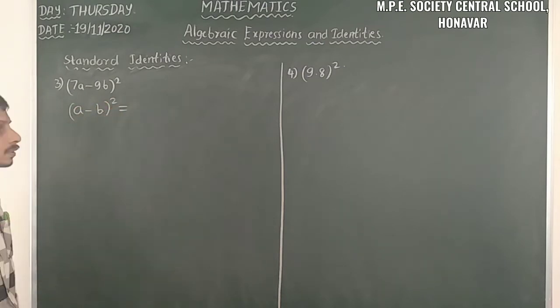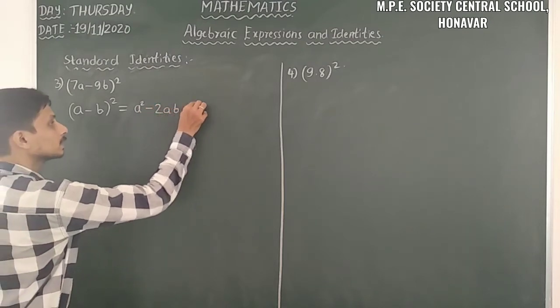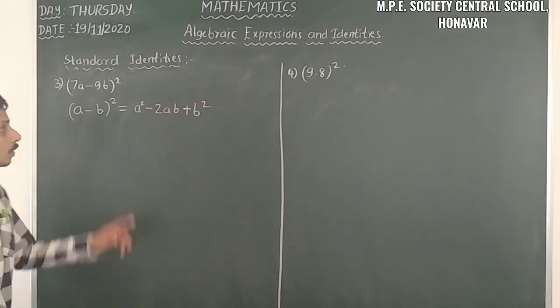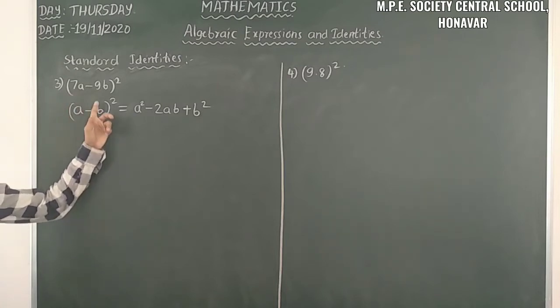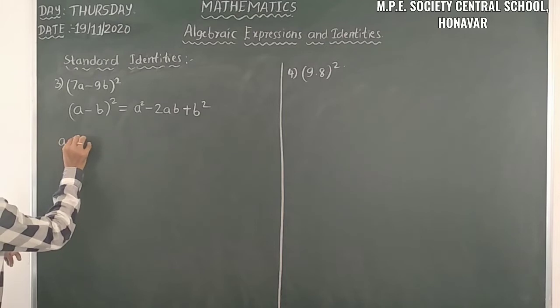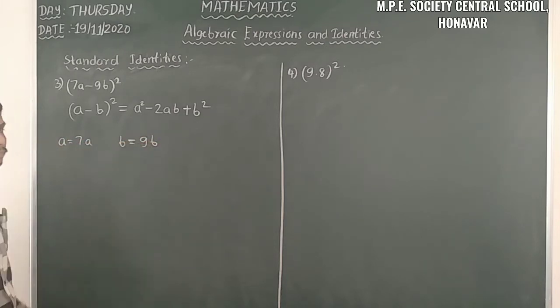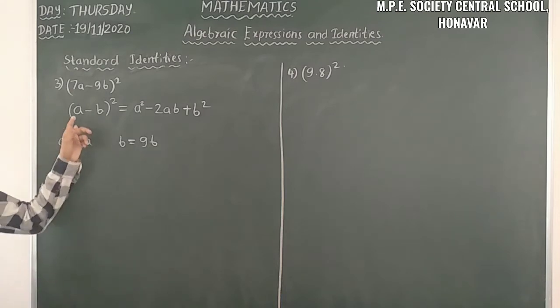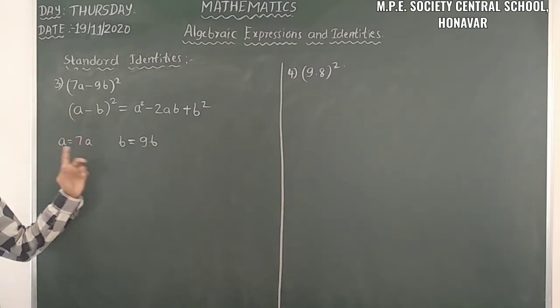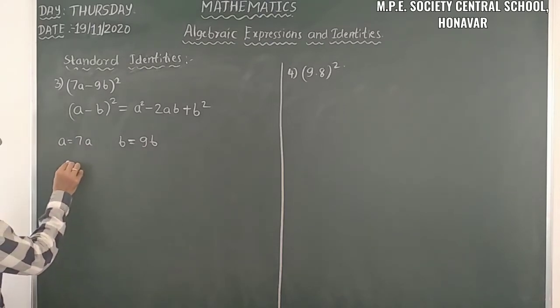In place of a we have 7a, in place of b we have 9b, so we have to substitute 7a in place of a and 9b in place of b.